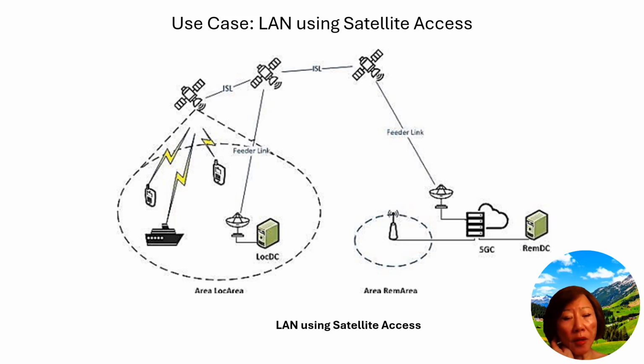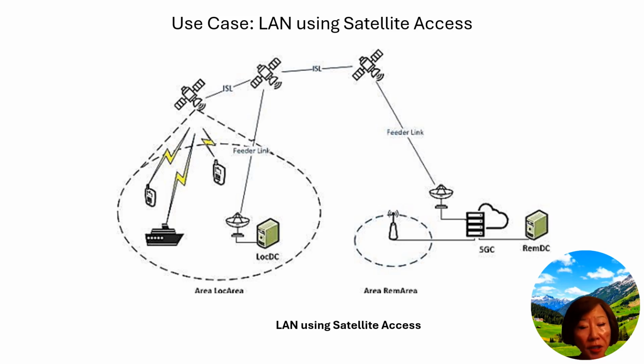The scenario here involves a scientific expedition team conducting research in a remote area where terrestrial network coverage is unavailable. The remote area here is the LOC area. What happens here is that the expedition team uses satellite access to establish a LAN, a local area network, in the remote location.